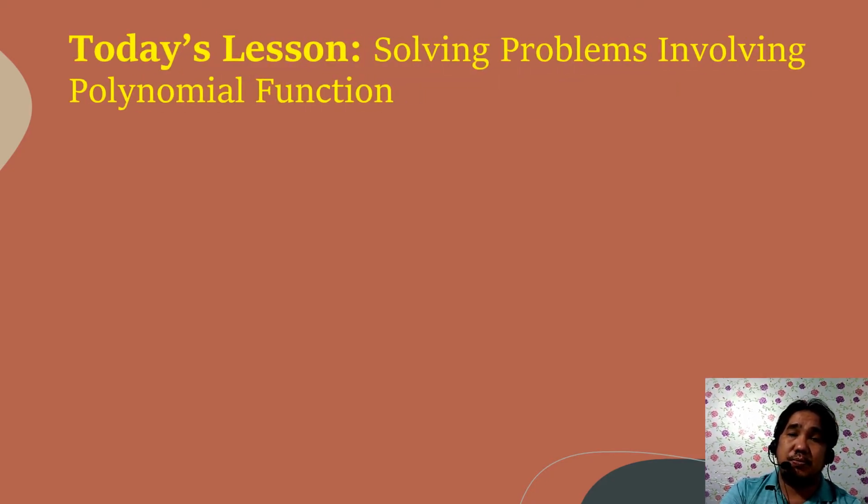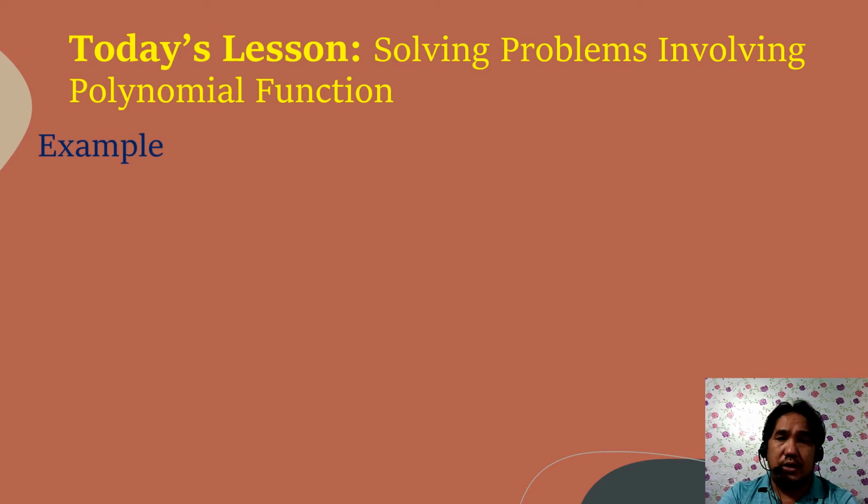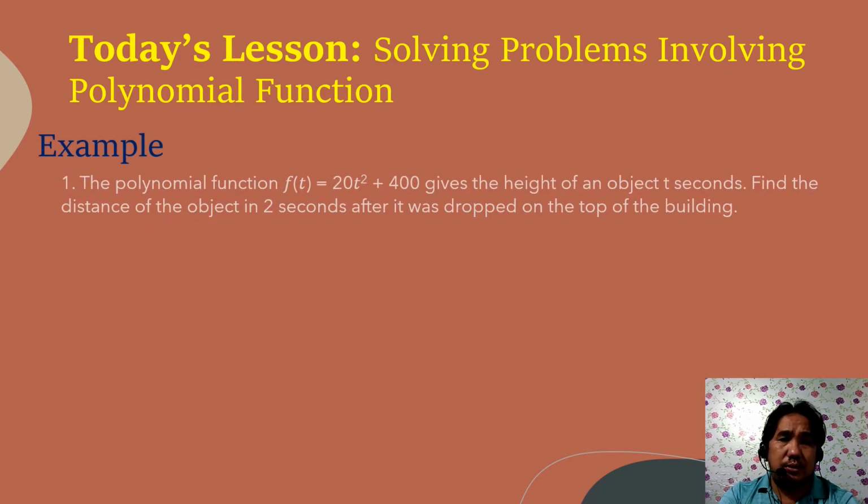Okay, so let us now move to today's lesson, solving problems involving polynomial function. So I have here an example. Let's start with the first example. Here is the problem. The polynomial function f of t is equal to 20t squared plus 400 gives the height of an object t seconds.